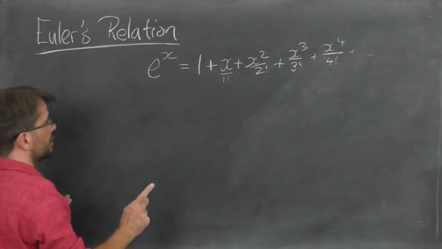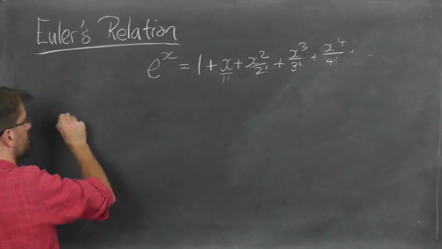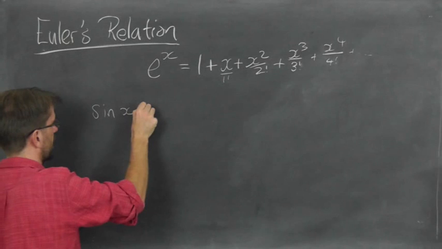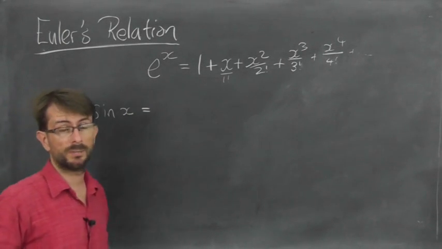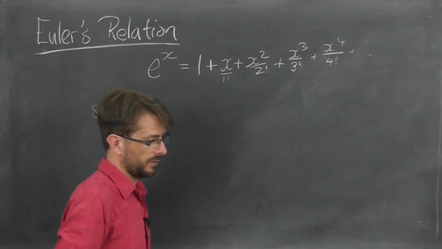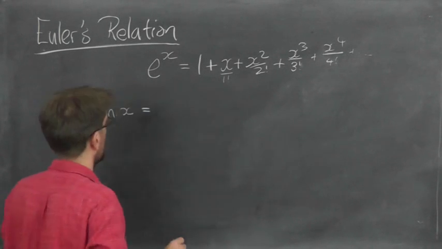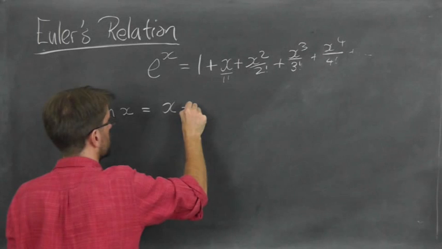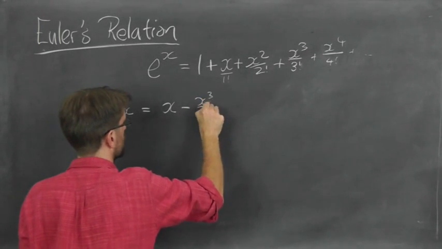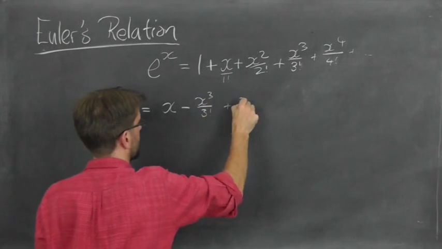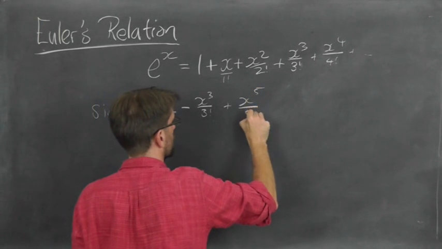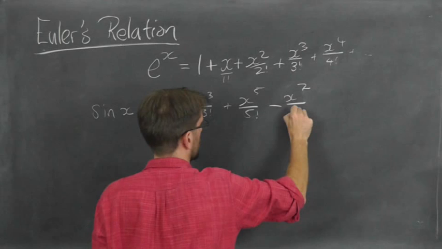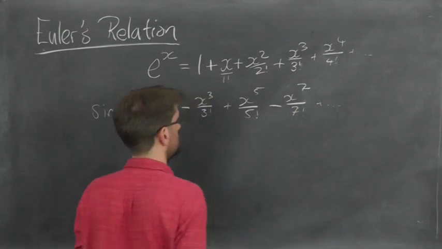Now, you can show also that you have similar expressions for sine and cos. So you can show that sine x, where you always measure things in radians, is of the form x minus x cubed over 3 factorial plus x to the 5 over 5 factorial minus x to the 7 over 7 factorial, and so on.